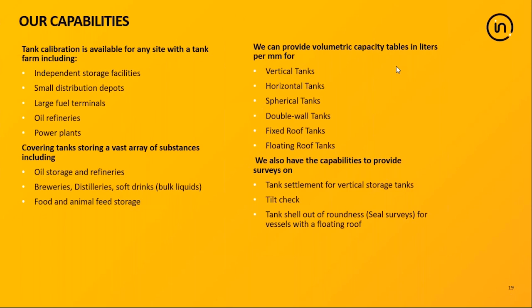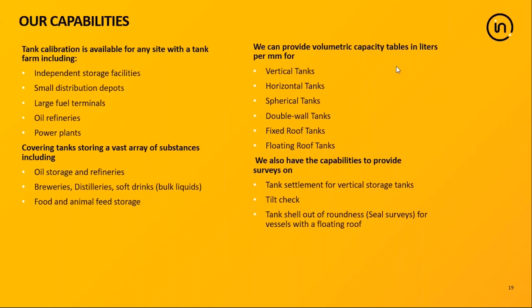This is one of the things that happens when you move the tank or you intervene tanks, or you do operations on existing tanks. You create deviations on tilt, and that's one of the reasons why you have to have your tanks recalibrated.